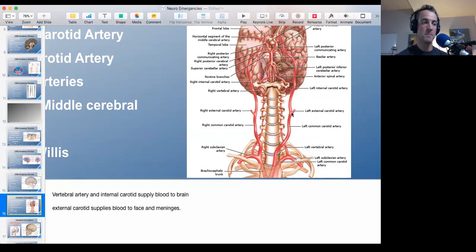So you may have stroke-like symptoms if you have a patient who has a dissection that has crossed that left subclavian and is reducing blood flow to that left vertebral artery.